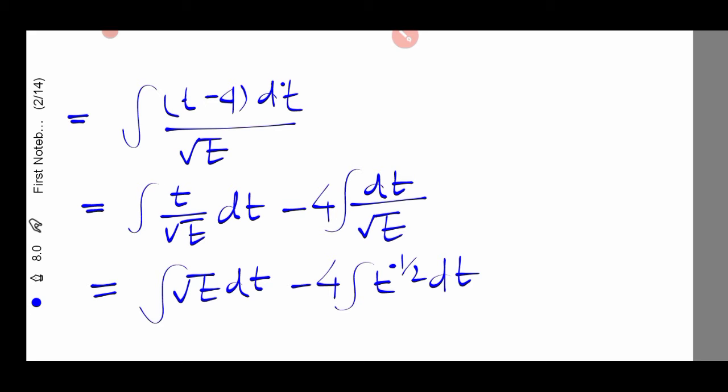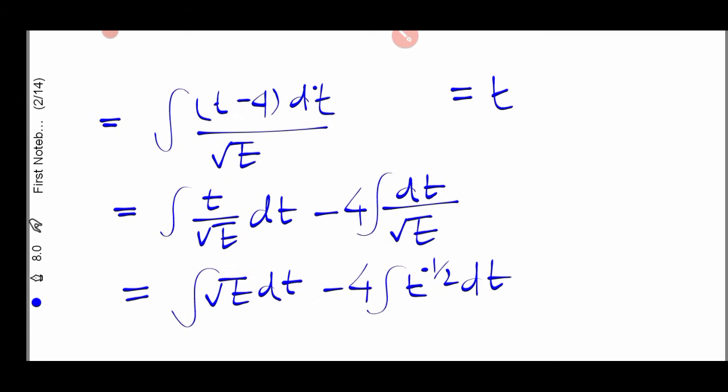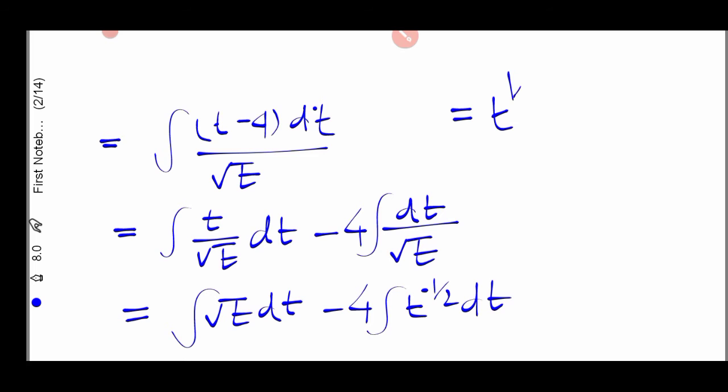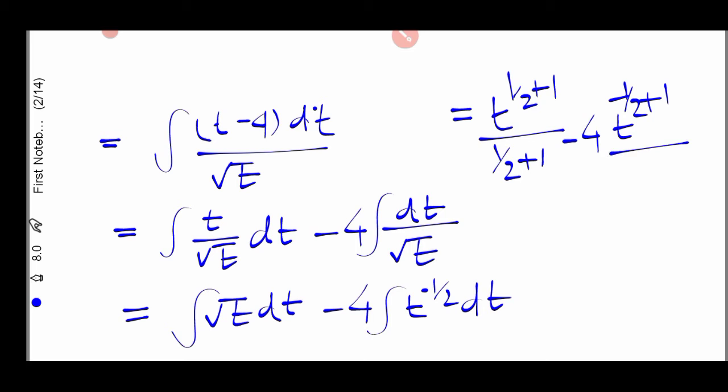Now from here on integration, we have integration of root t equal to t to the power half plus 1 divided by half plus 1, minus 4 into t to the power minus half plus 1 divided by minus half plus 1, plus c. Okay, I hope you can understand these steps.